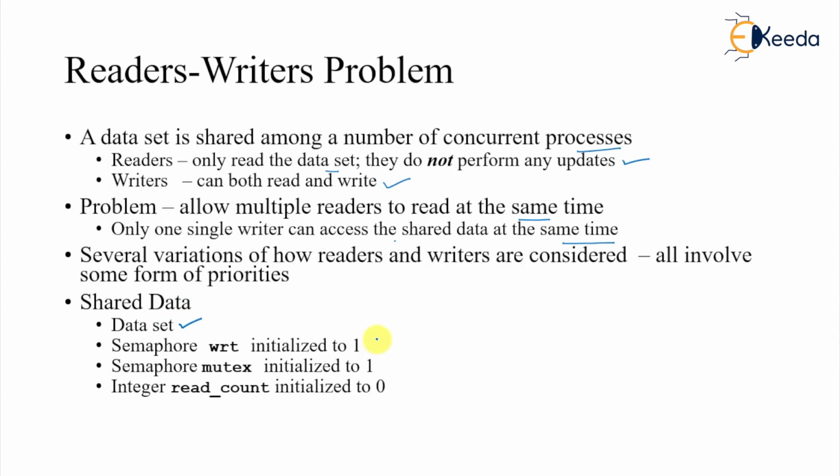The semaphore WRT is initialized to 1, mutex is initialized to 1, and read count is initialized to 0. WRT is a binary semaphore shared among the readers and writers, and it will allow only one writer at a time.